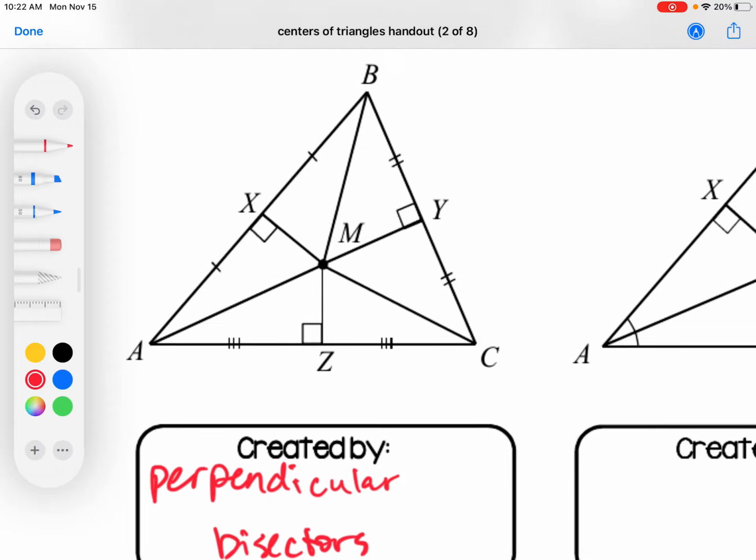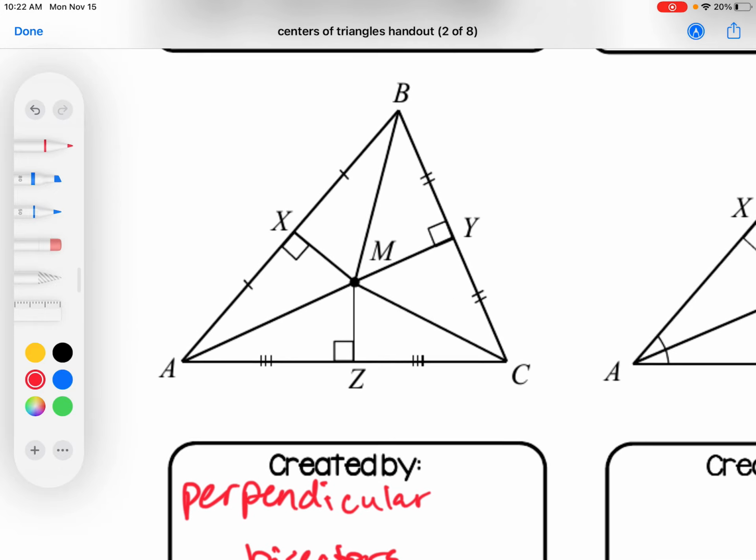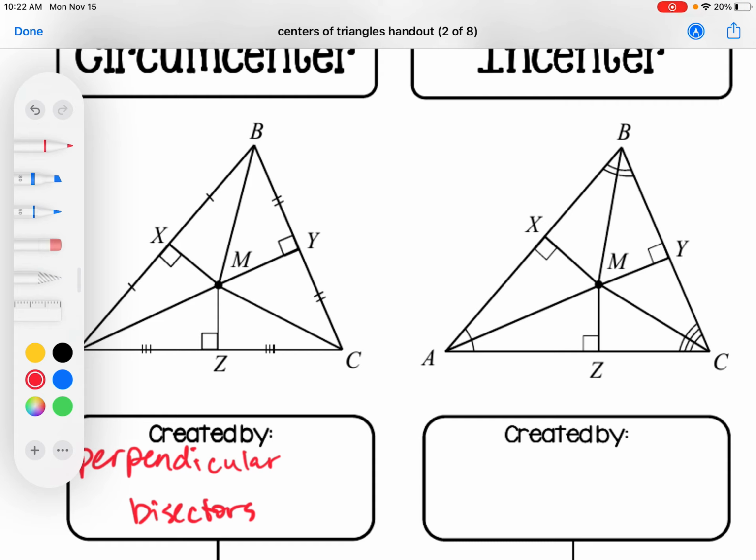Perpendicular means it makes right angles with the side of the triangle, and bisect means that it cuts the side of the triangle in half. So that makes it to where BY and CY are the same length, and CZ and AZ are the same length.